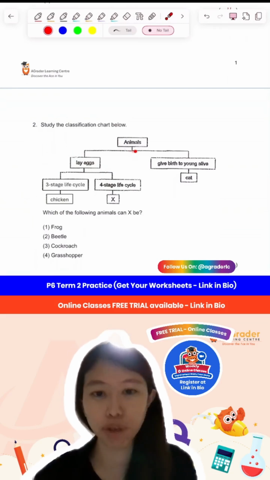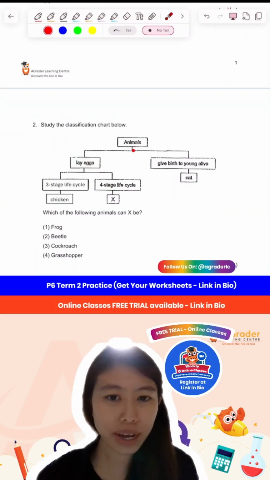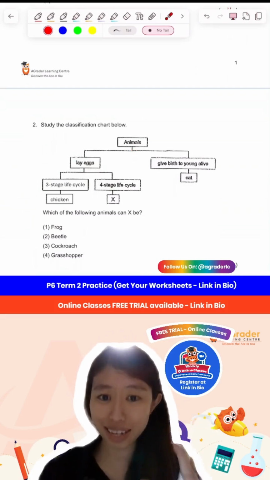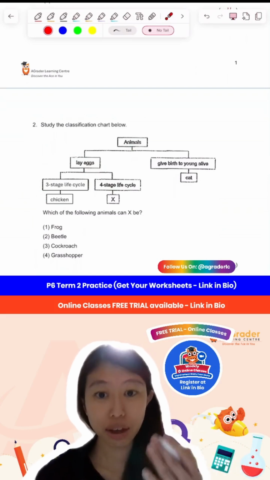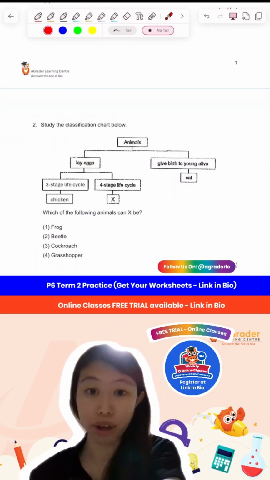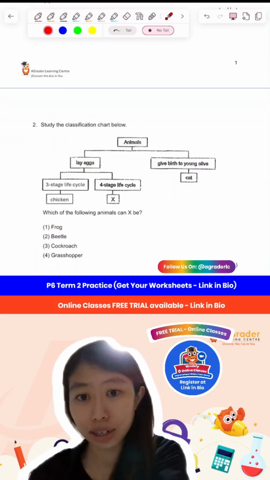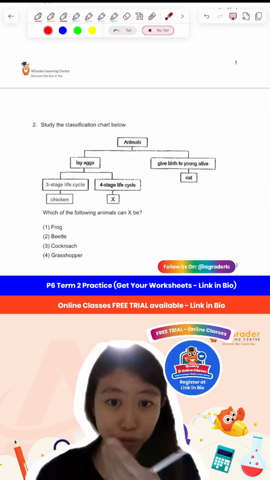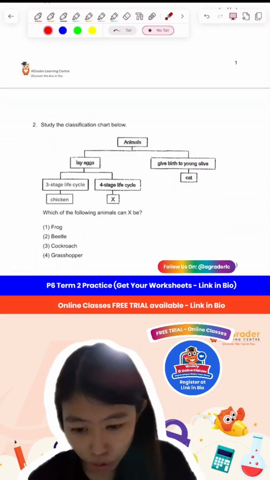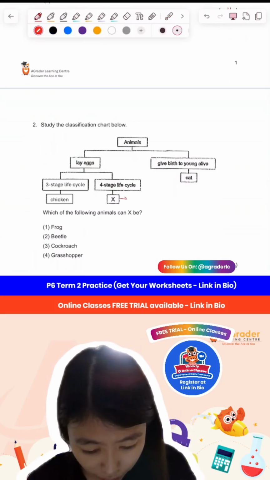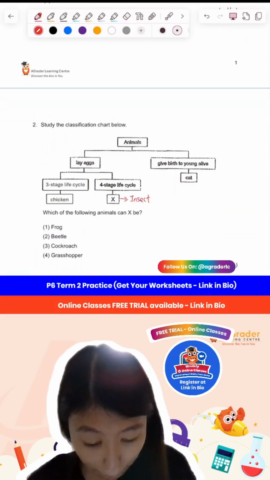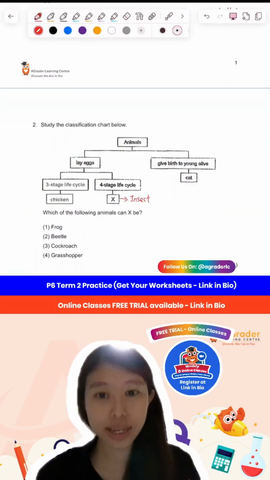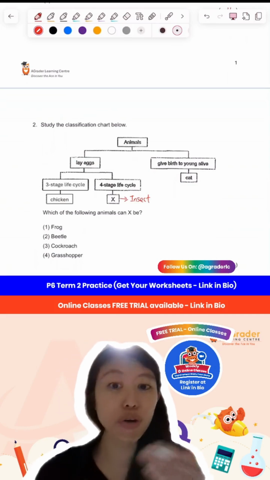Very good, Cheyenne. Insects. Only insects can have a 4-stage life cycle. The rest can only have a 3-stage life cycle or they give birth. So X is definitely an insect, but not all insects have a 4-stage life cycle. Insects can have 3-stage or 4-stage.